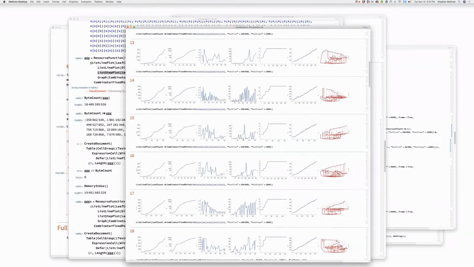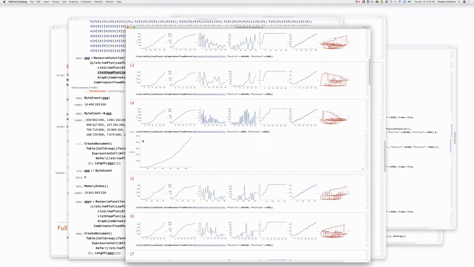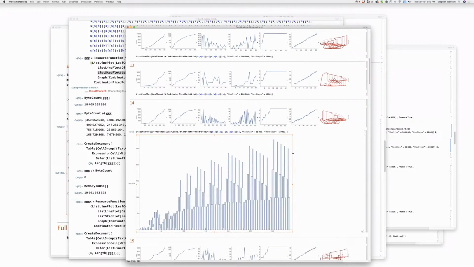What's surprising so far is that there are no really, let's try this one here. You know, all these guys, after a fairly long transient, seem to do something fairly simple.